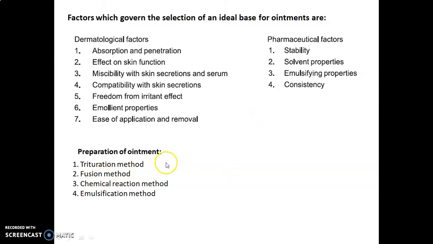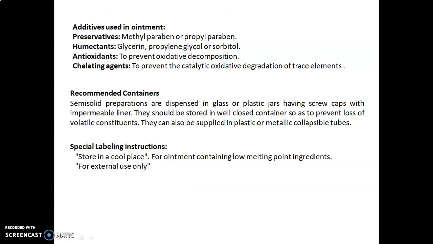Then preparation of ointment: there are four methods, trituration method, fusion method, chemical reaction method, and fourth, emulsification method. Let's discuss the additives used in ointment: preservatives, methyl paraben or propyl paraben; humectants, that are glycerin, propylene glycol or sorbitol; antioxidants, which are used to prevent oxidative decomposition; and chelating agents, used to prevent the catalyzing of oxidative degradation by trace elements.